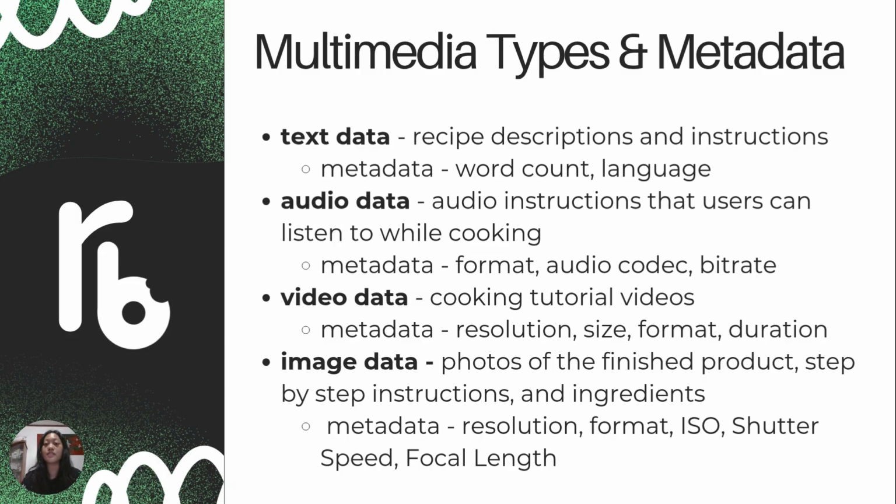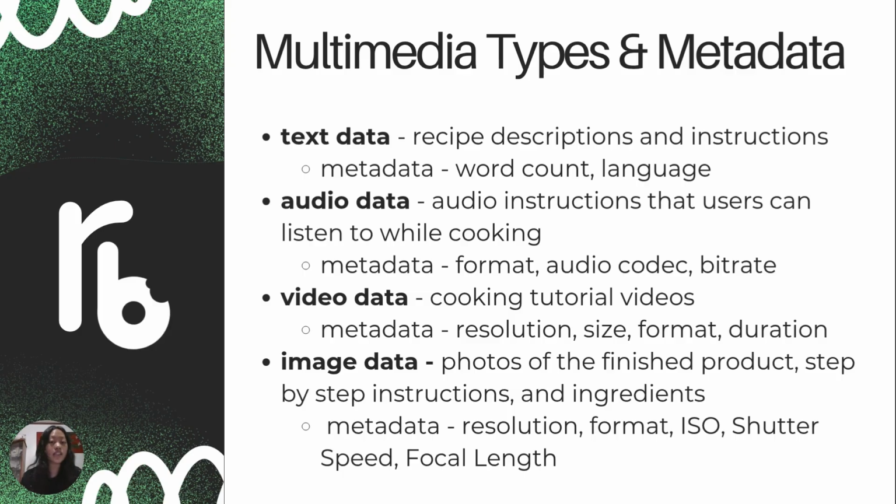This includes the recipe descriptions and cooking instructions. Next is the audio data. It contains the audio instructions that users can listen to while cooking, so it's like a podcast. The third is the video data. This includes the step by step cooking tutorials that will help you visualize the entire process.